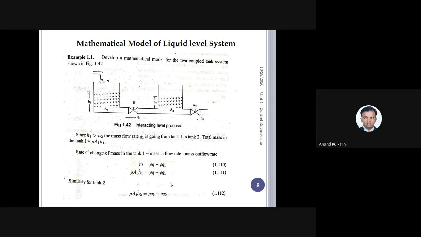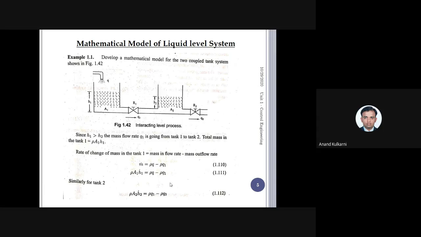Tank 1 is connected to tank 2 through a wall whose resistance is R1, and the discharge from tank 1 is Q1. The water height in tank 2 is H2 and its area is A2, so the mass in tank 2 is rho into A2 into H2. Tank 2 is connected to the outlet through a wall 2, whose resistance is R2, and Q0 is the discharge through wall 2.